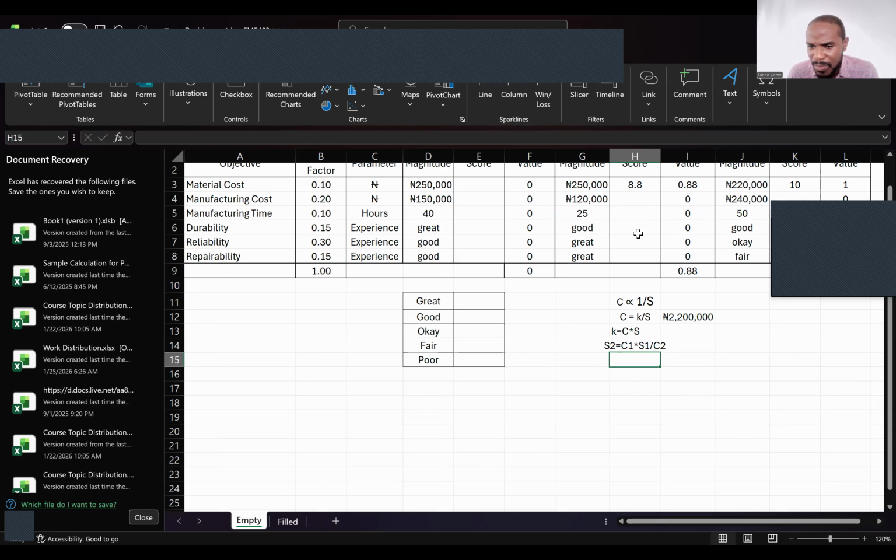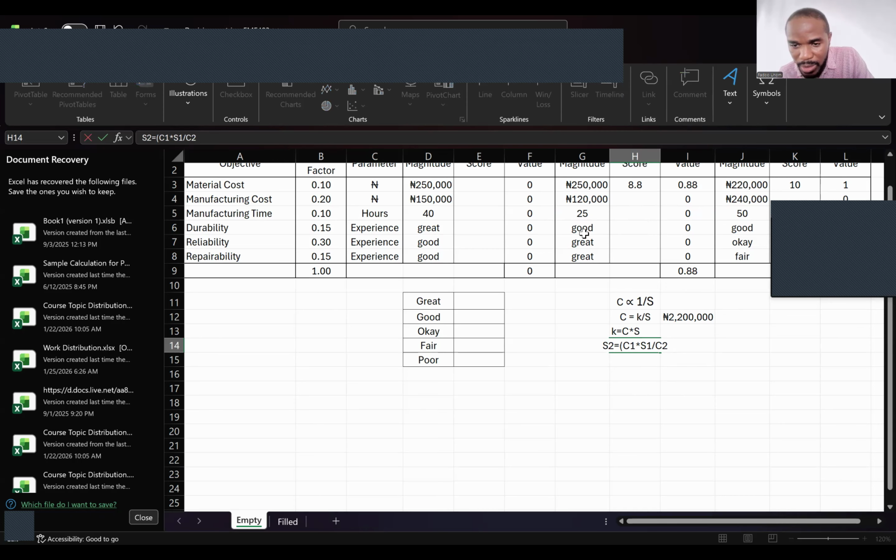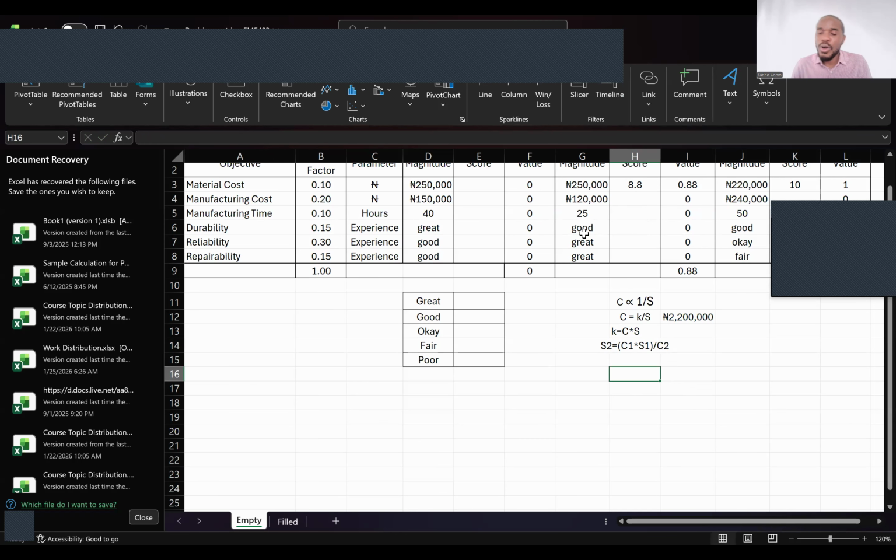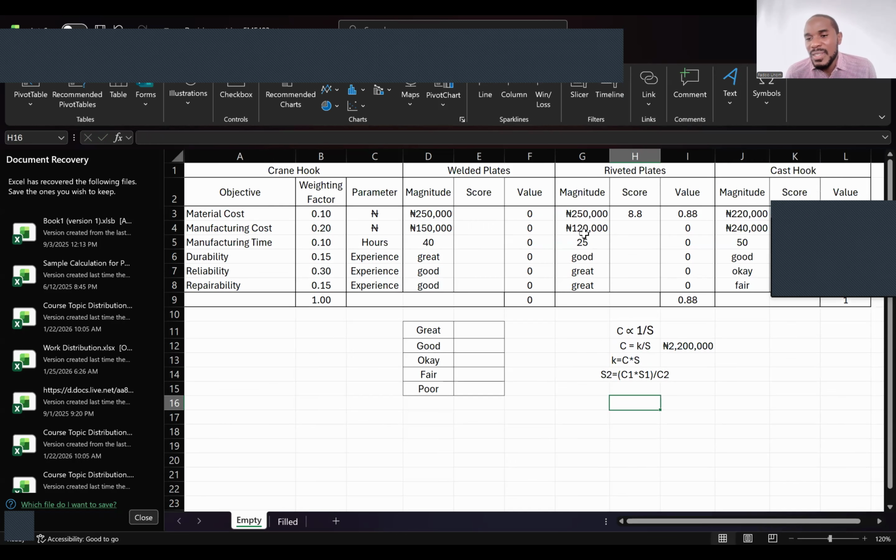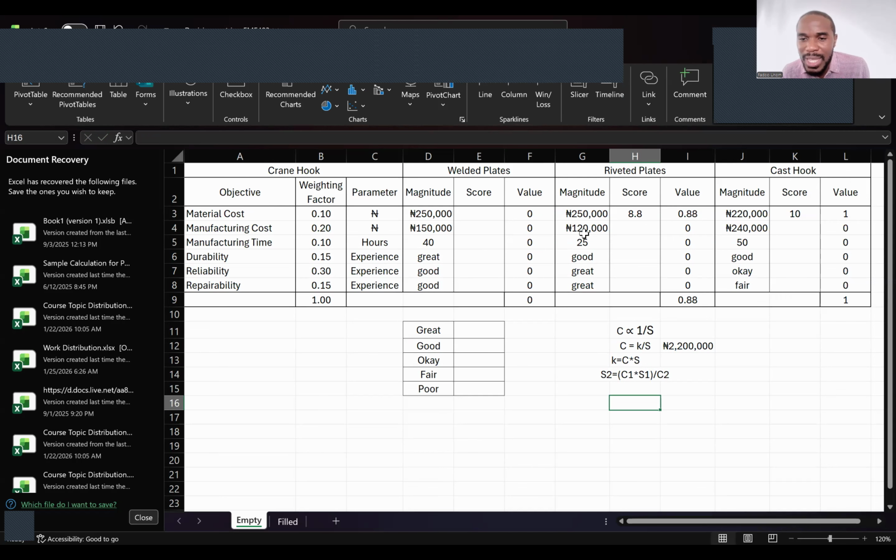Do you get it? And let me put a bracket here. All right. So since this is Excel, I just put those values inside my equation and it solves them.